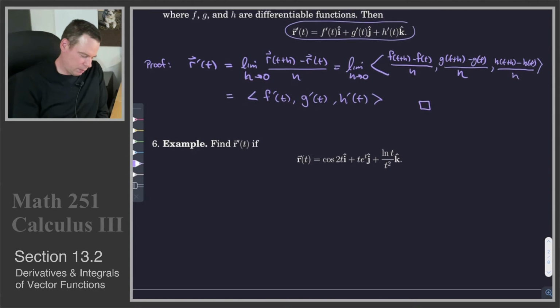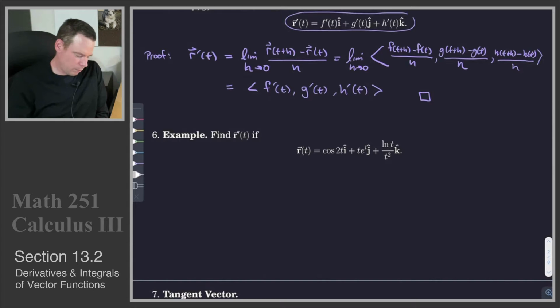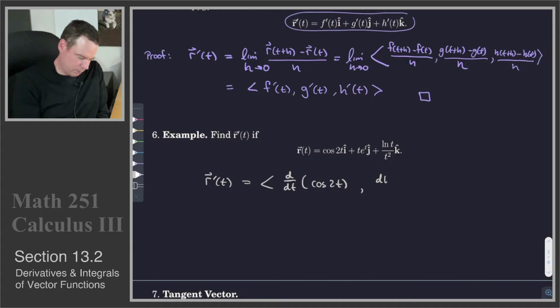So let's have a look at an example of this. We want to find r prime of t for this particular vector valued function. So to compute r prime of t, we just have to compute the individual derivatives: the derivative of the first component, the derivative of the second component, and the derivative of the third component.